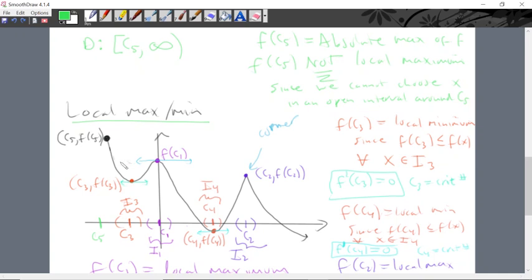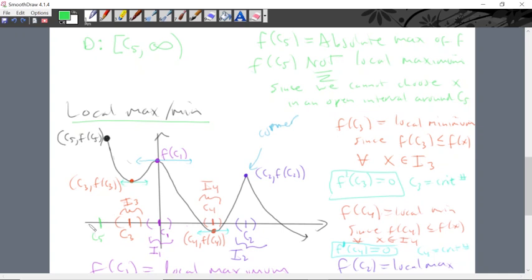With respect to the limit, we need to be able to approach from the left and the right if we're considering where we have a local maximum and a local minimum. But an absolute maximum can be reached at an endpoint of a curve. A local maximum or a local minimum cannot be reached at an endpoint because, by the definition, you must be able to construct an interval to the left and the right of the input value.